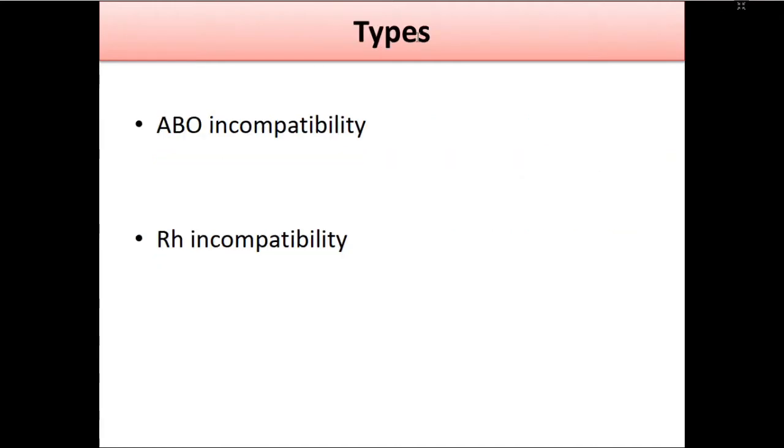Its types of incompatibility are ABO incompatibility and RH incompatibility. As we have discussed about ABO incompatibility in previous lectures, when a particular antigen is present on the cell, its antibodies would be absent in the plasma. Therefore, no antigen antibody complex will be formed, and no agglutination occurs.